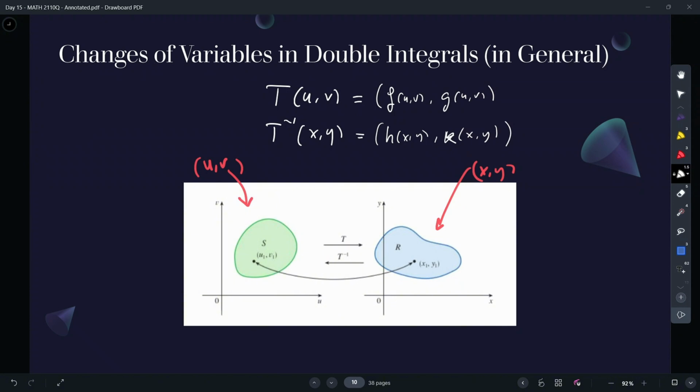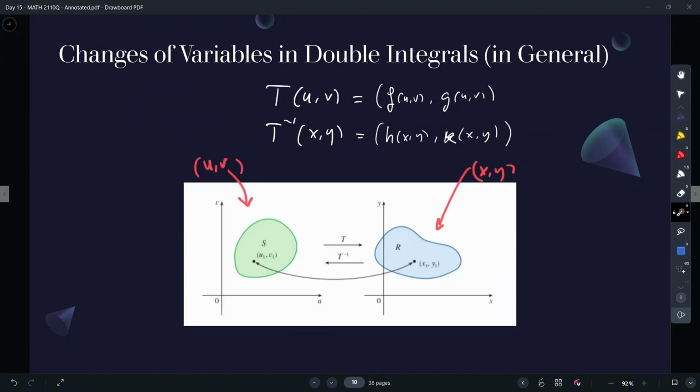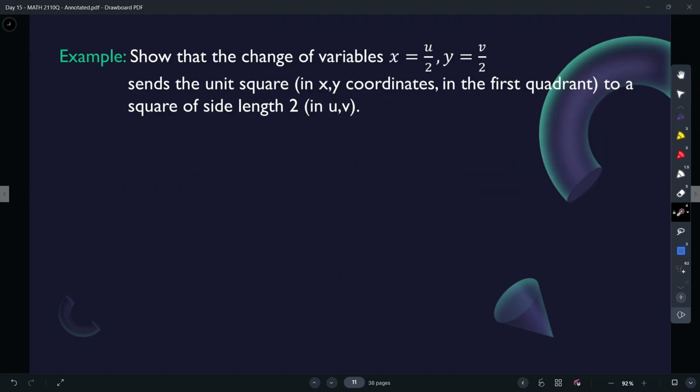Okay? We're going to have very concrete examples, but you should keep in mind the polar coordinates as the main example, where these are the equations of the transformations to go forward and back. Okay? So given those transformations, we're going to have to see how regions transform under those transformations.